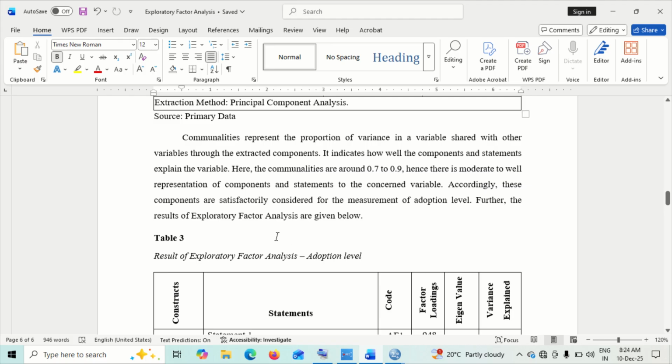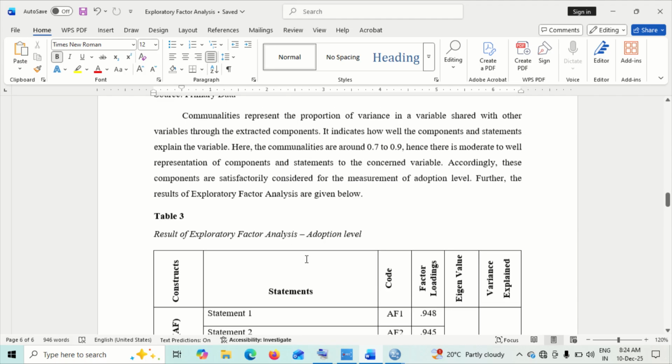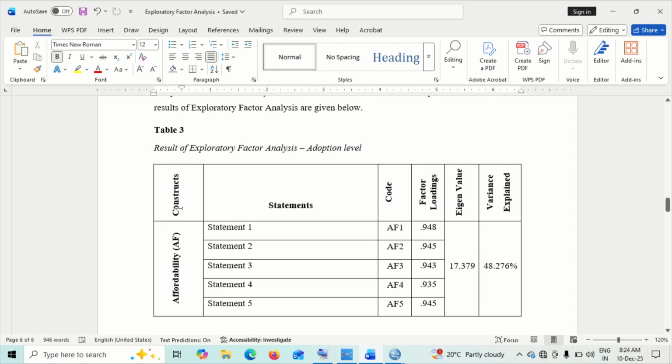This is the third table, result of exploratory factor analysis, that is adoption level. The columns are first the constructs for measuring adoption level, then the different statements, then the codes of the statements, the factor loading of each statement, and the eigenvalue and variance explained of the component. Regarding affordability, 5 statements are used and the codes are AF1, AF2, AF3, AF4 and AF5.